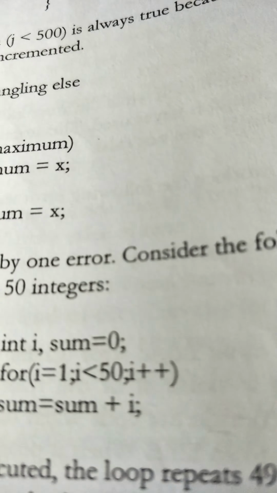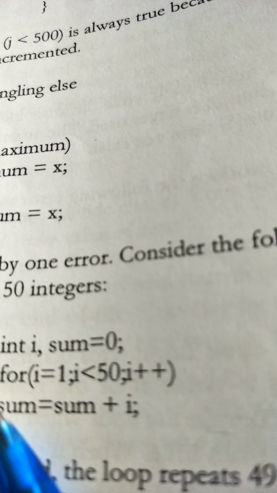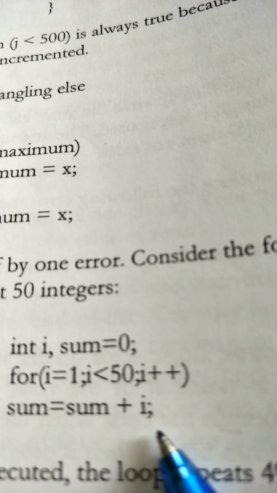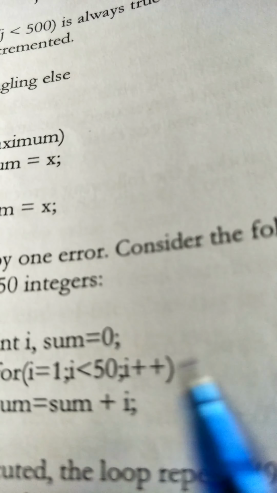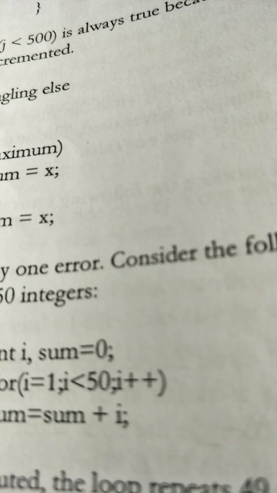So this is a logic error that we think of. Logically, this kind of problem won't give you the correct calculation. You can see, basically what we do here is just 1 plus 2 plus 3 plus 4 up to 49, not 50.